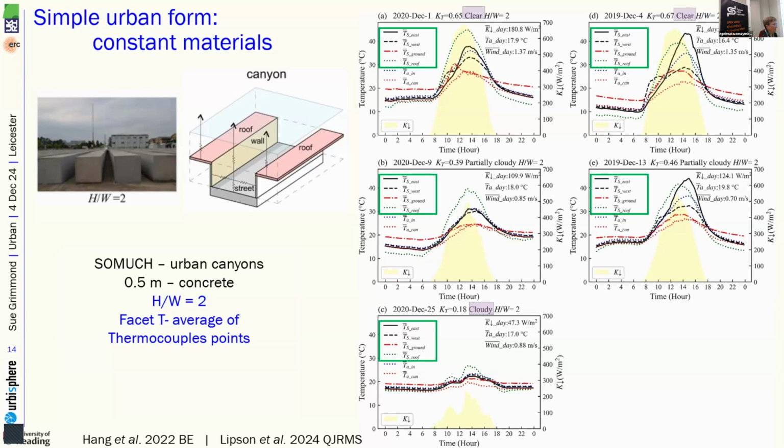So the roof has the largest variation. If you had just a nadir view, you would have the contrast between looking at the roof, which would be hot, and the ground, which, because it's a very narrow area and shaded, would be much cooler. And you can see that that varies with different conditions.